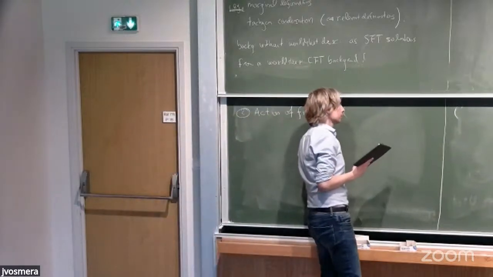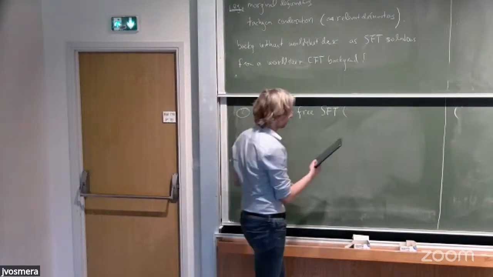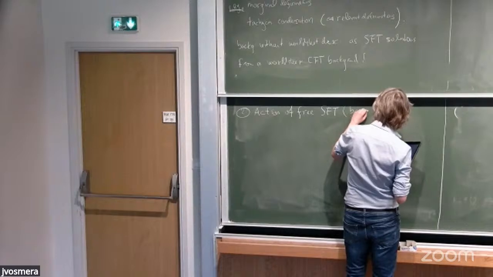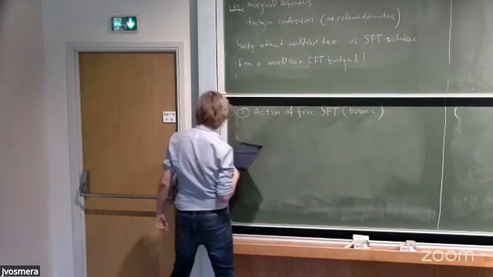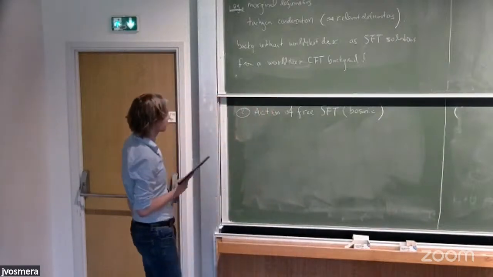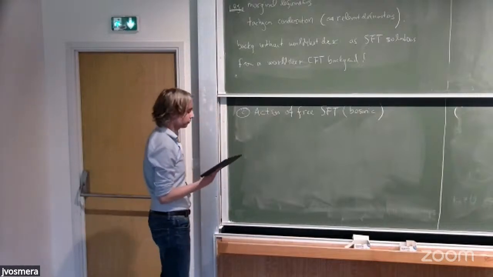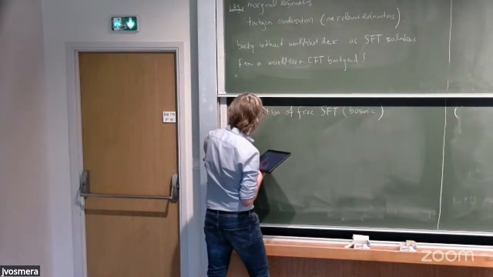To streamline the discussion as much as possible and avoid complications, let me stay in the bosonic sector. Of course, there are also formulations of string field theory for superstrings. There we have to deal with additional complications having to do with picture changing operators and amplitudes, etc.